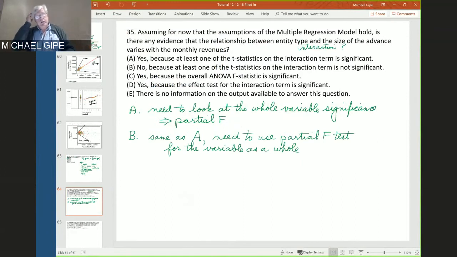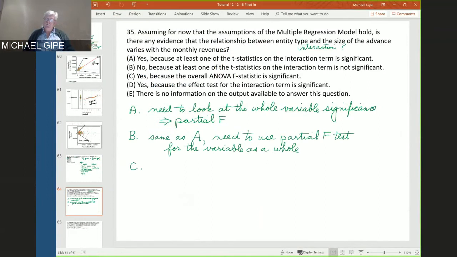It makes a lot of sense, right? You're going to have various levels. Some will move it up and down. Some will change the slope more or less. And you've got to have some that are at the extremes and some that are closer to zero. Otherwise, you don't have different levels. So you have to look at the effect of removing that variable from the whole model to see if it has a significant impact.